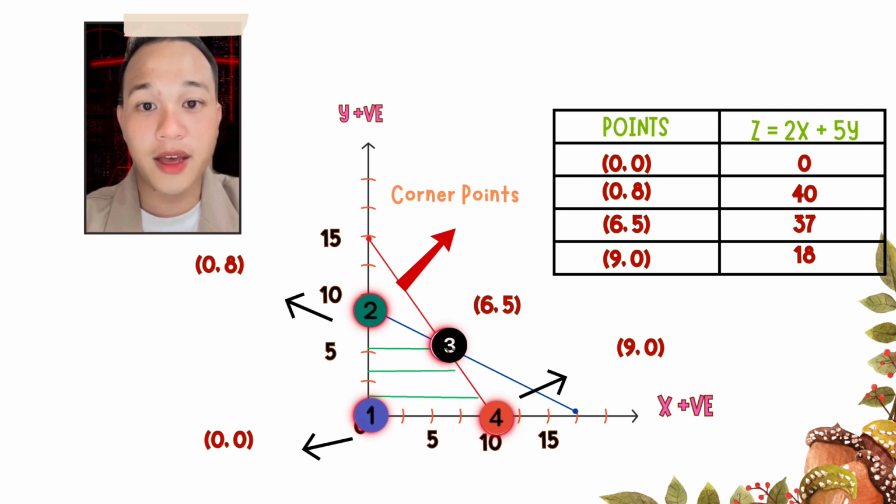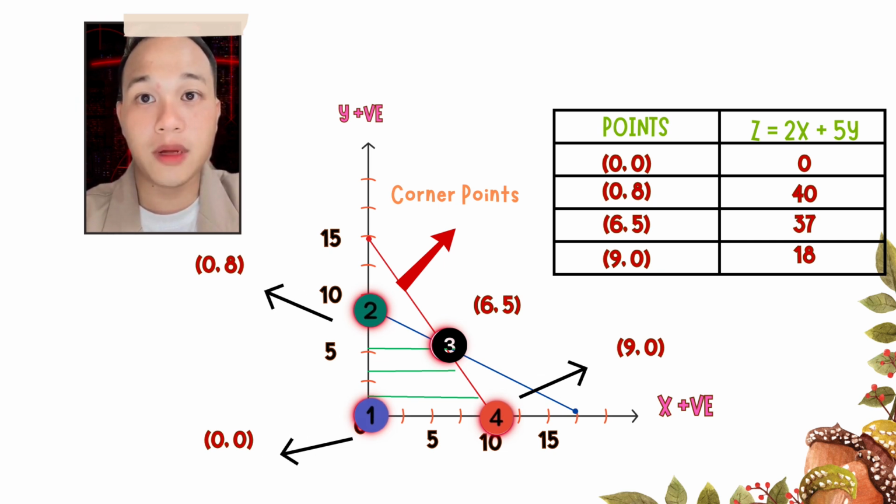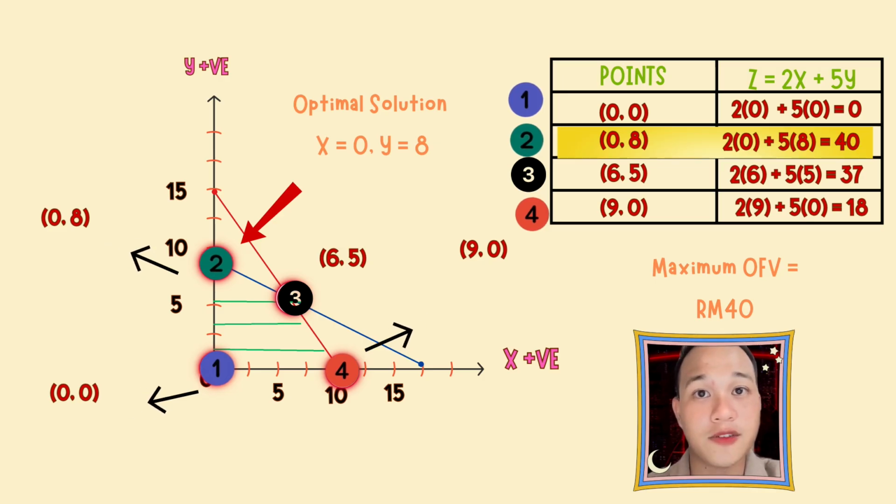So now, the x, y coordinates at point 1 are (0, 0), and substituting that into the objective function gives 2 multiplied by 0 plus 5 multiplied by 0, which equals 0. At point 2, we have (0, 8), so the objective function value is 2 multiplied by 0 plus 5 multiplied by 8, which equals 40.